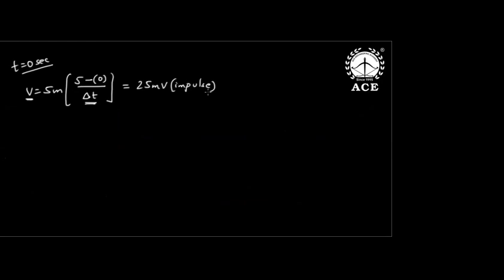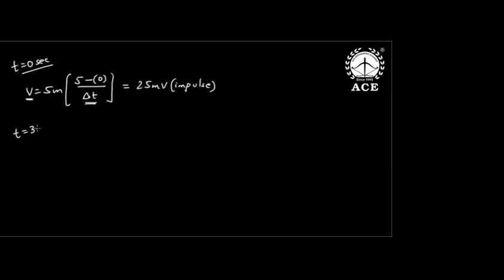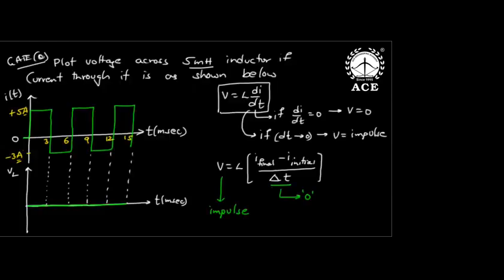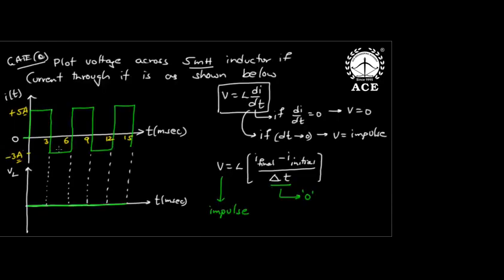Then if I go to t equal to the third millisecond, V equals again 5 milli into I final minus I initial. I final is minus 3, I initial is plus 5, because it is going from plus 5 to minus 3 now.